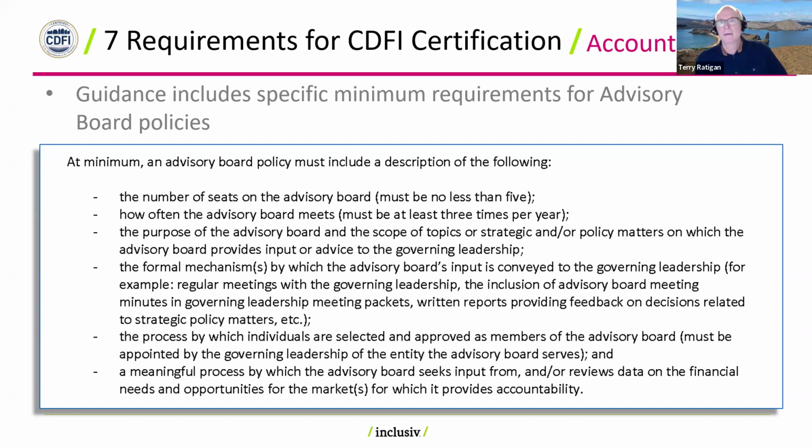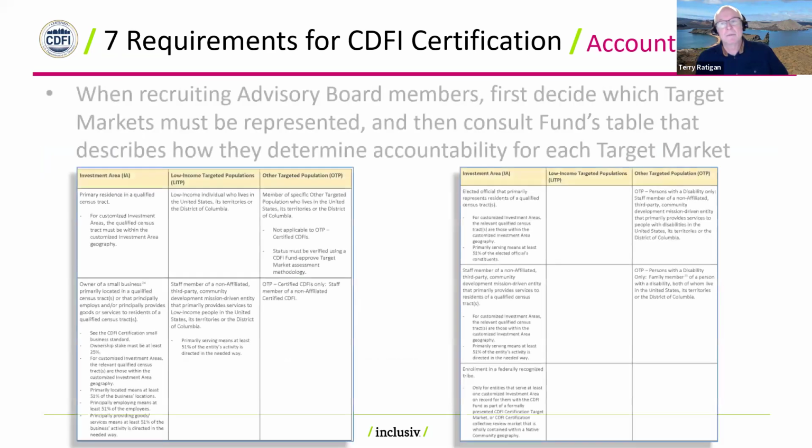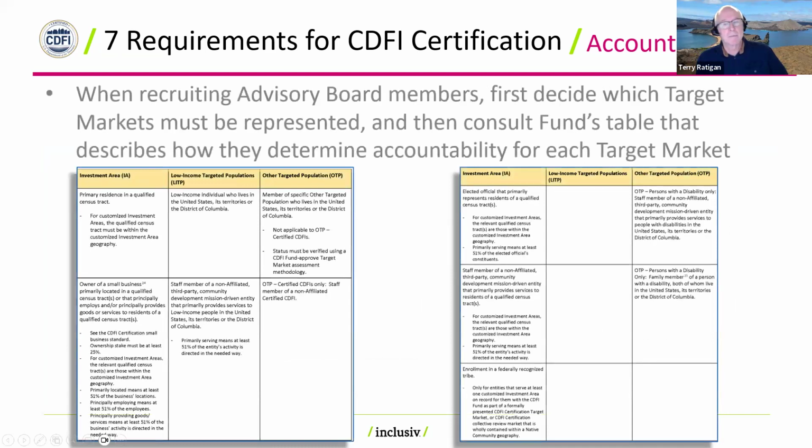It's important, going back to what I was talking about a few minutes ago, that it be representative of CDFI target markets. It's not, our community is equally made up of men and women, and so is our board. Men and women are not CDFI target markets. That is undoubtedly an important part of reflecting your community, but they are specifically looking at the 3 types of target markets: investment areas, low income targeted populations, and other targeted populations.